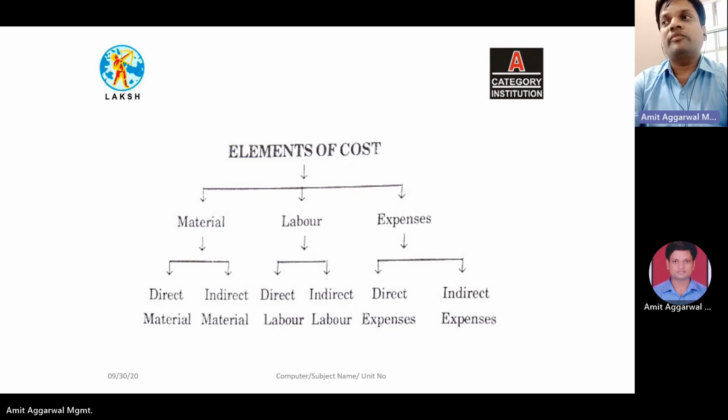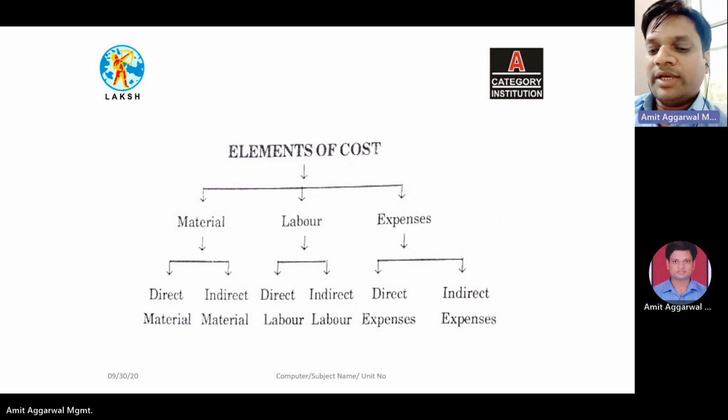If we talk about elements of cost, there are three basic elements: one is material cost, second is labor cost, and third is other expenses. These three basic elements help us know the cost of any product.